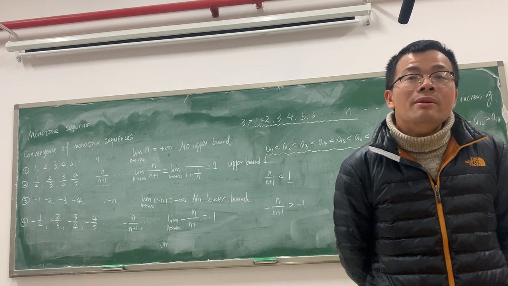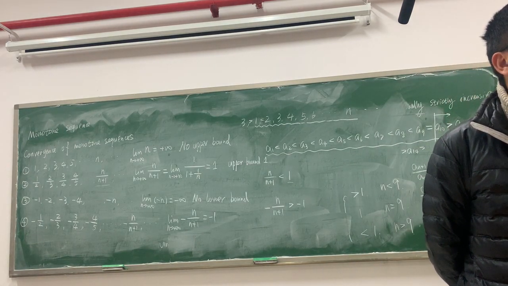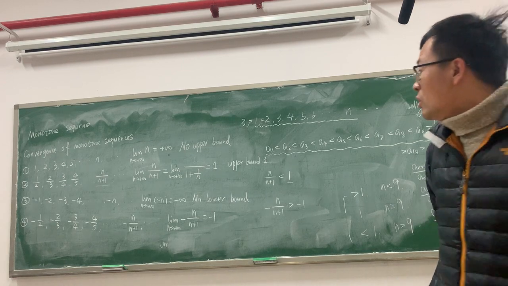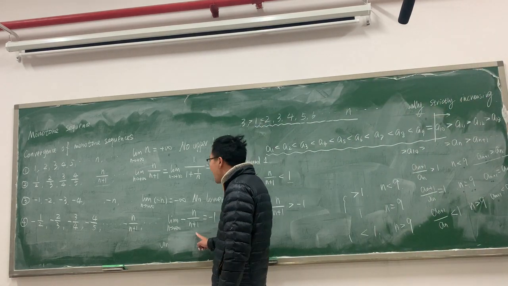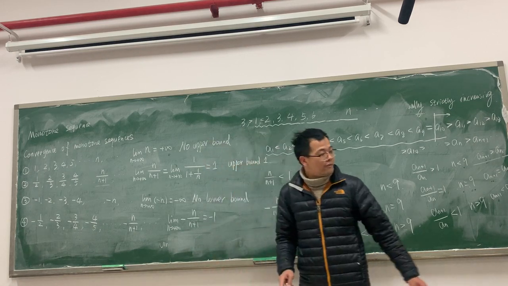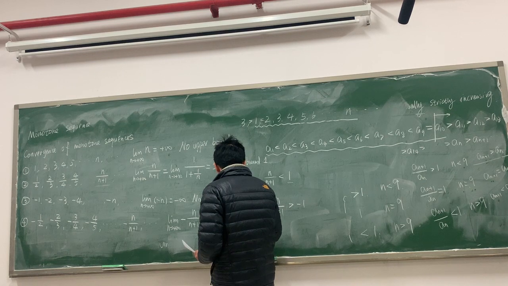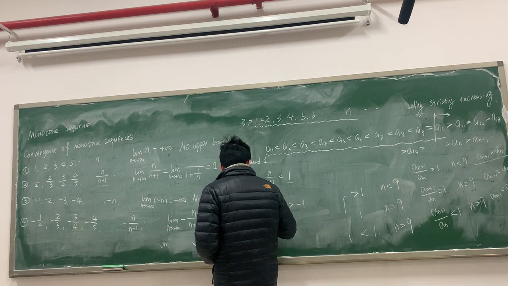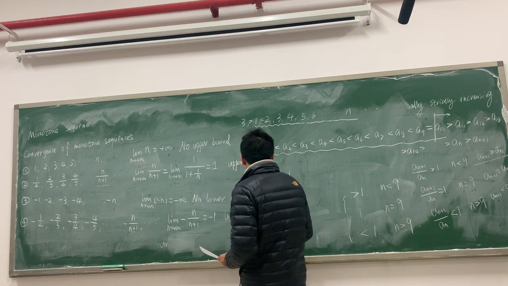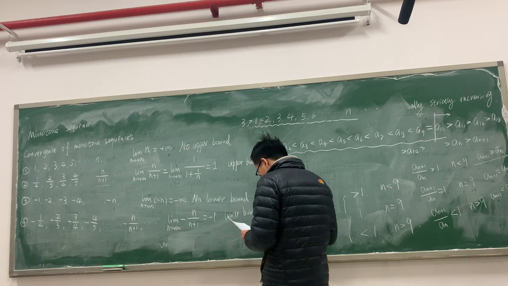Each term is greater than minus 1, of course greater than minus 2, of course greater than minus 3, okay? So for this one, we have a lower bound. The lower bound is minus 1. Okay.